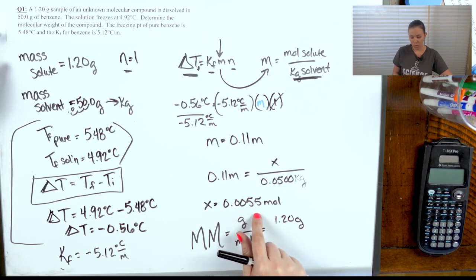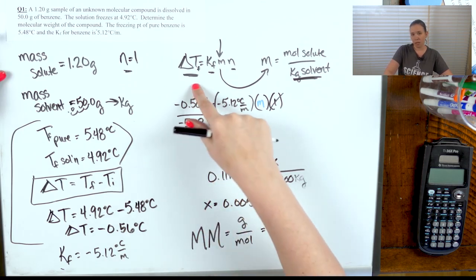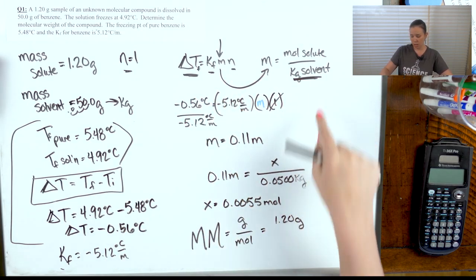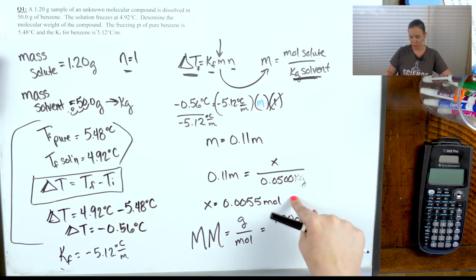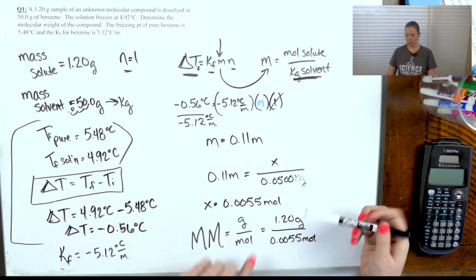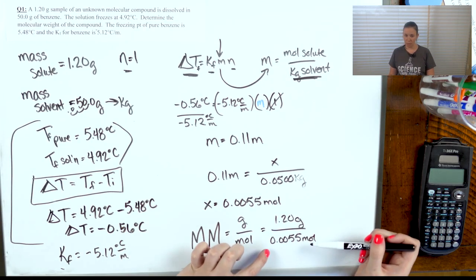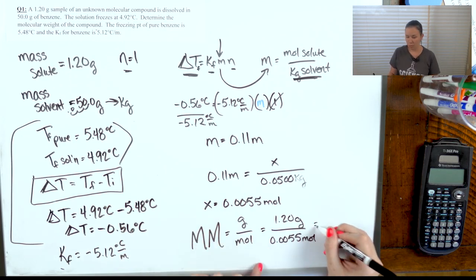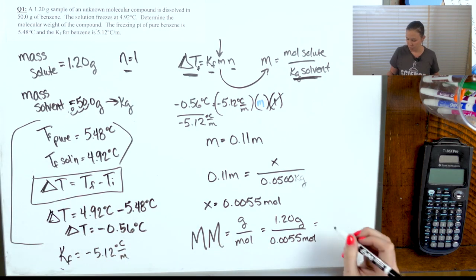I just didn't know how many moles. But working through the delta T equation and then the molality equation, I was able to derive the number of moles. So now if I put that in the denominator, 0.0055 moles, and I do this division of 1.2 grams divided by 0.0055 moles, that will get me the molar mass in grams per mole.